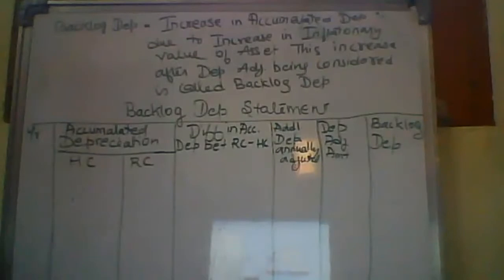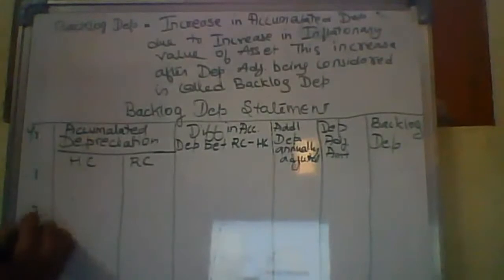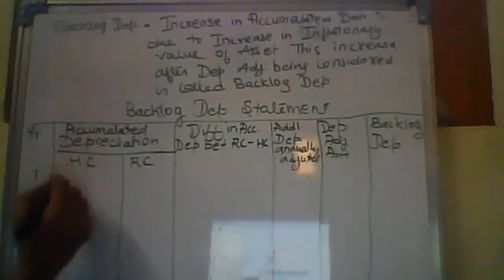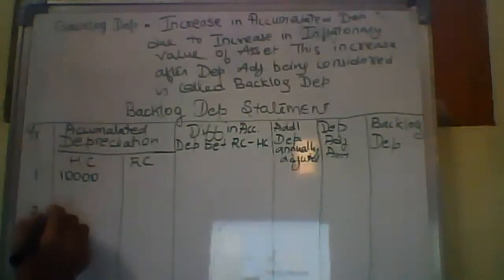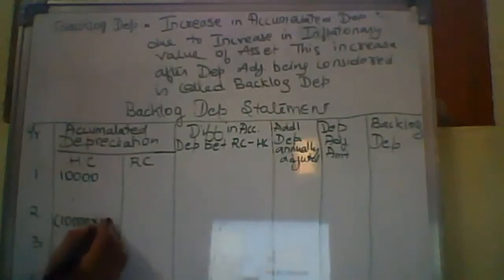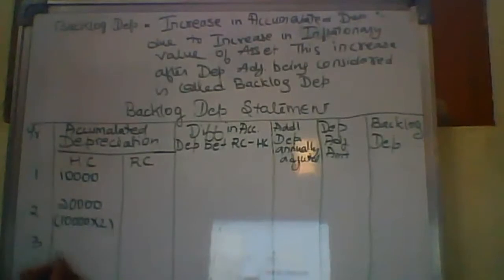Okay. So first, how do I do the accumulated depreciation calculation? Year 1, 2, 3, 4. First year, 10,000. Second year, 10,000 into 2, 20,000.